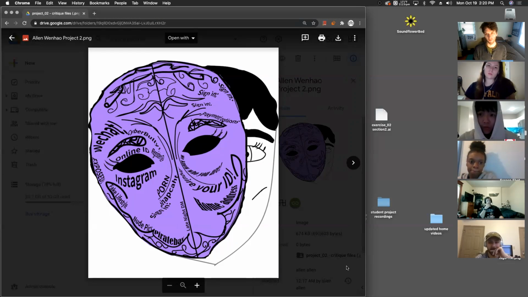What do you guys think about the colors being used right now? Or colors and those areas as shapes, and maybe how we could activate it somehow.